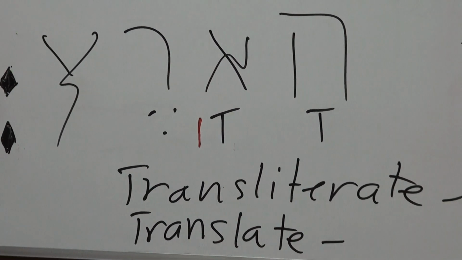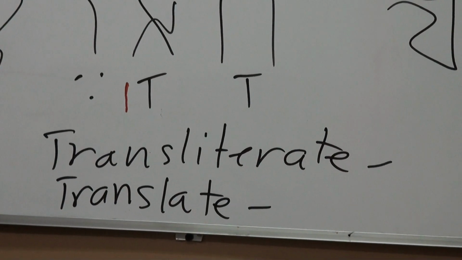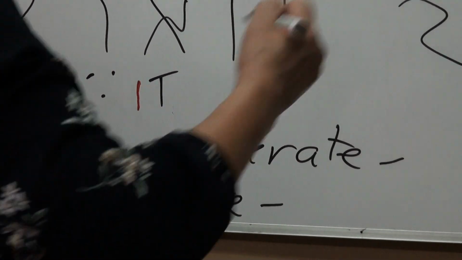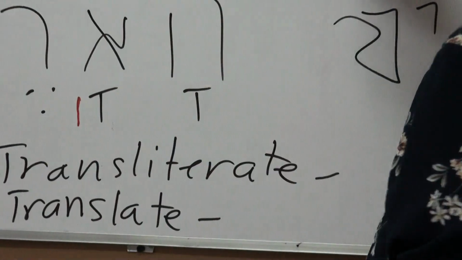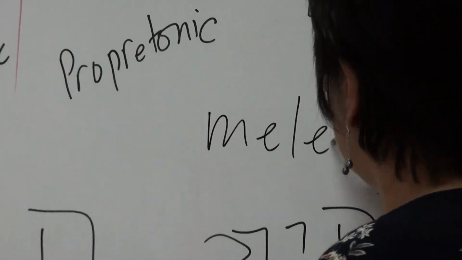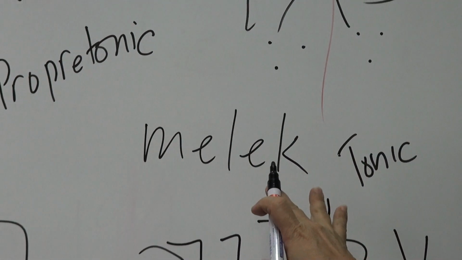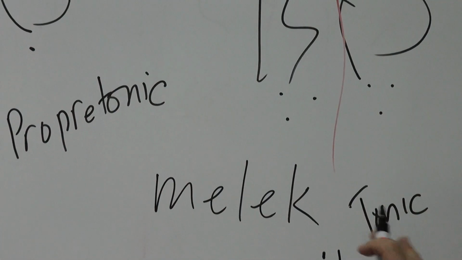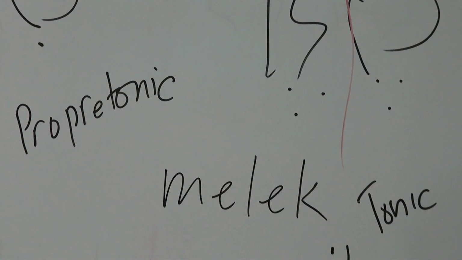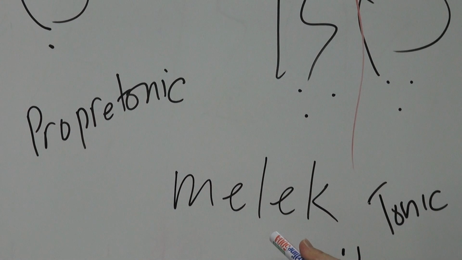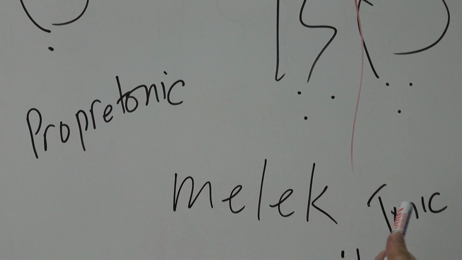When you transliterate, you give the equivalent English letters. So for instance, your melek here, transliterated, it would be that way. But when you translate, it means you give the meaning. So transliteration is you give the equivalent letter in English. Translation is you give the meaning.